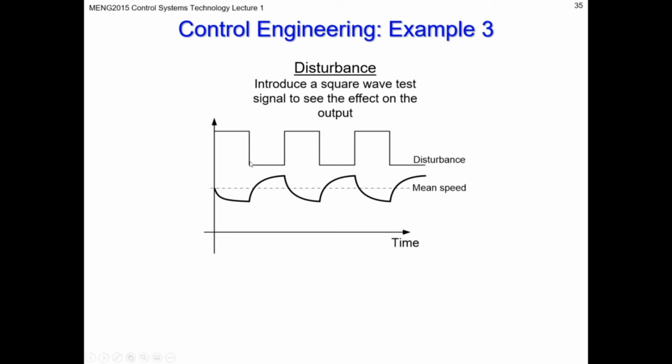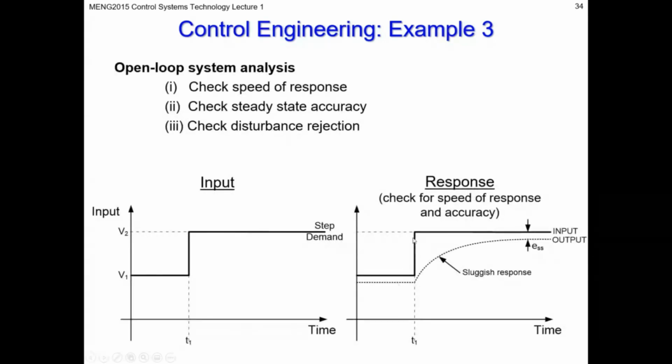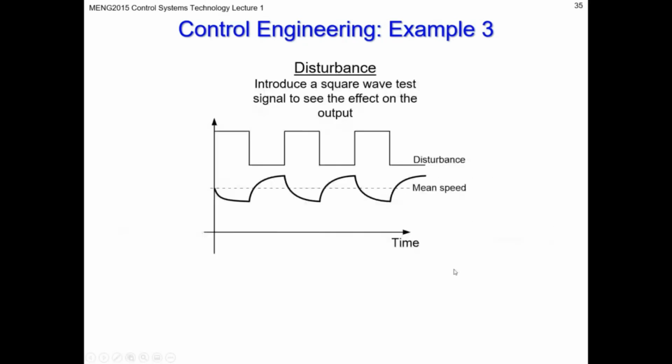So basically, every time you apply a disturbance, you see that there's a change in the speed of the disk, and you're getting an input square wave pattern, creating an output sawtooth pattern. That sawtooth pattern is because every time you apply the disturbance, it's like changing the input, and you're getting what would be described as a single order response here, which is quite sluggish.